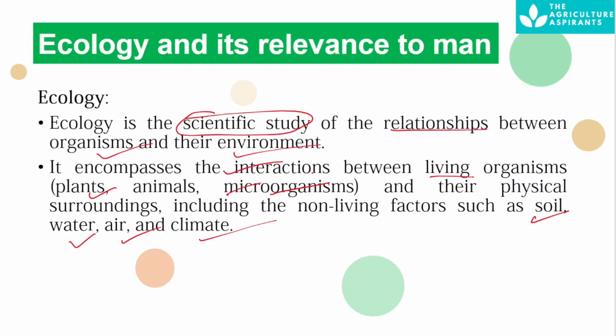In a simple way, it is the study about how any organism is performing in a given or surrounding environment. Let's take the example of a cactus. Cactus grows only in dry areas like desert, according to its physiological features.